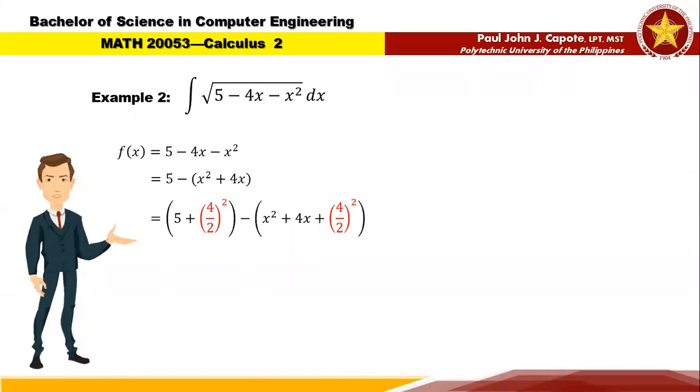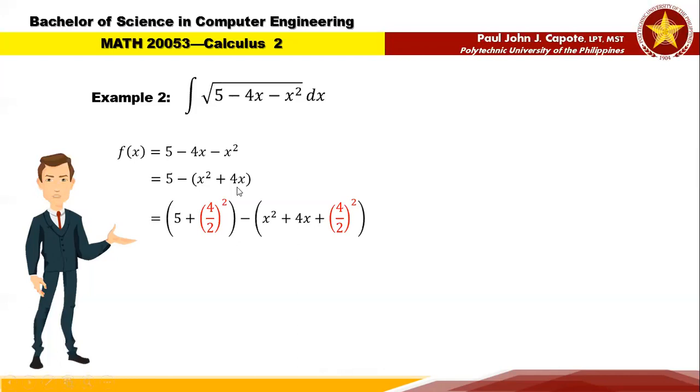Now we apply the completing the square method in expressing our f of x as a sum or difference of squares. But how do we apply the completing the square method? Now in the given expression of f of x, our b, or the value of the numerical coefficient b, is 4.